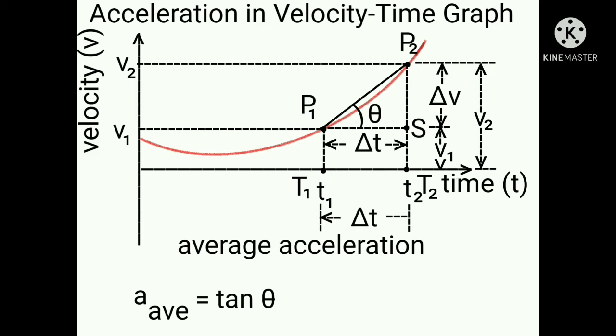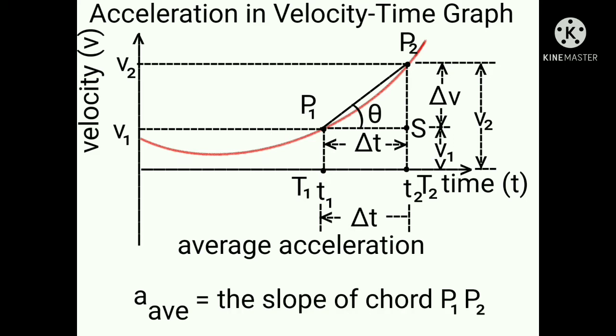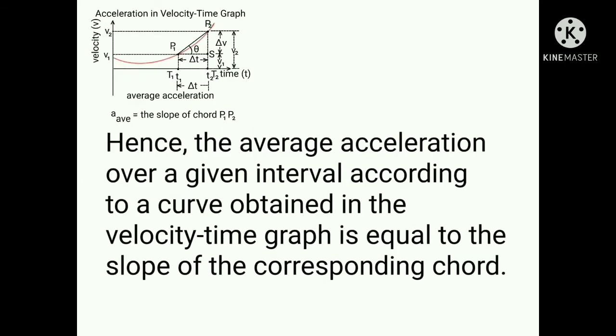The tangent of angle theta is the slope of chord P1P2. Hence we reach the definition of average acceleration in velocity time graph. The average acceleration over a given interval according to a curve obtained in the velocity time graph is equal to the slope of the corresponding chord.